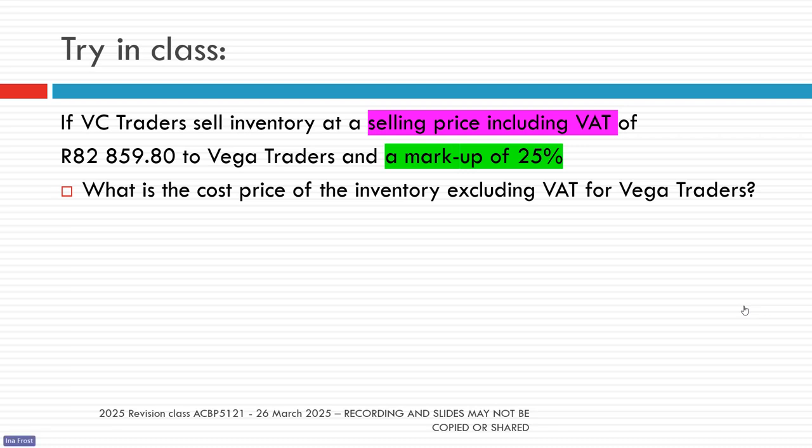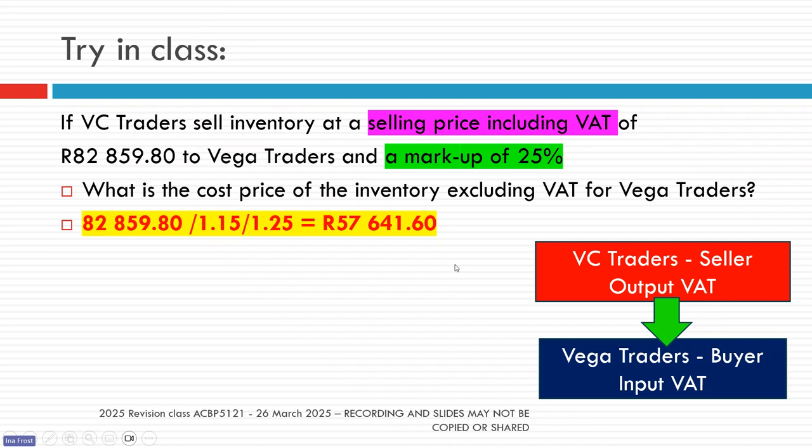Okay, were you all able to try that on your device? Let's quickly see how you would go about this. For this question, we had to remove the VAT and remove the 25% markup to get to the cost price excluding any VAT.